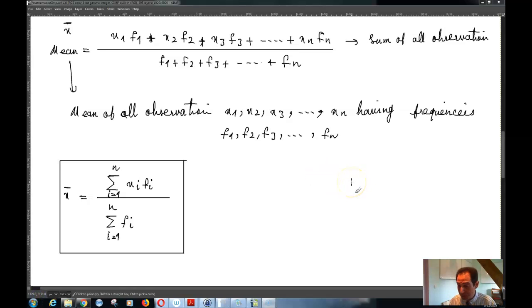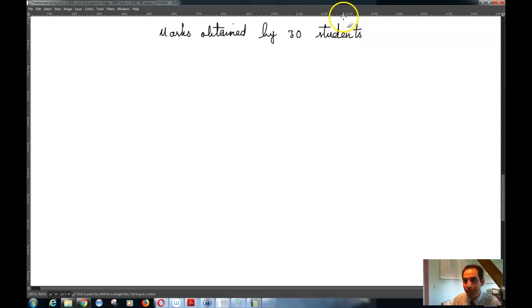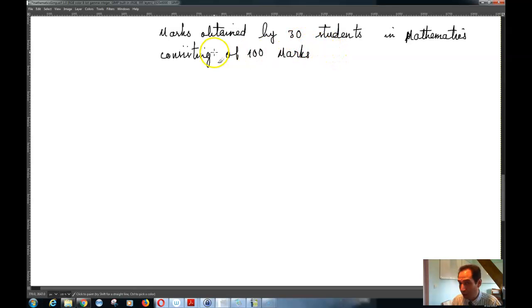Okay, so in order to use this formula in the context of a practical example, what you have is the marks obtained by 30 students of class 10 of a certain school in a mathematics paper consisting of 100 marks, presented in this table.